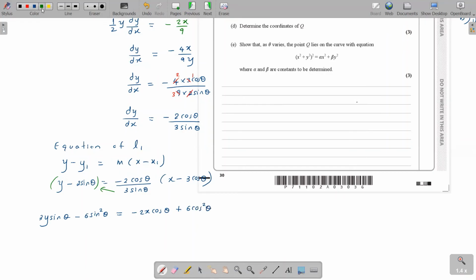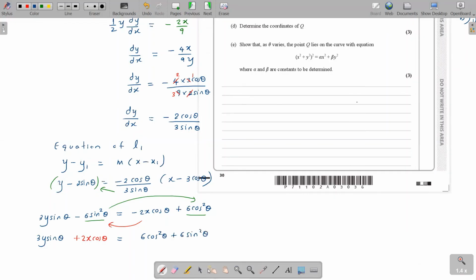And then what I can see is there's a minus 6 sine square theta here and a plus 6 cos square theta here. I'll bring it over here. So I get 3y sine theta, and I'll bring the minus 2x cos theta here, plus 2x cos theta equals 6 cos square theta plus 6 sine square theta.